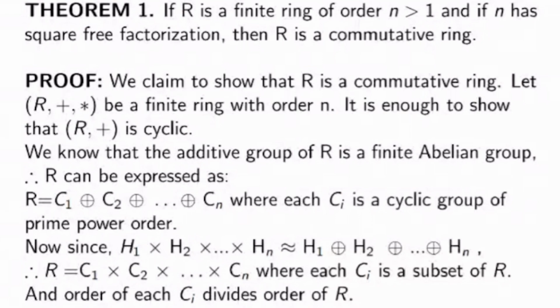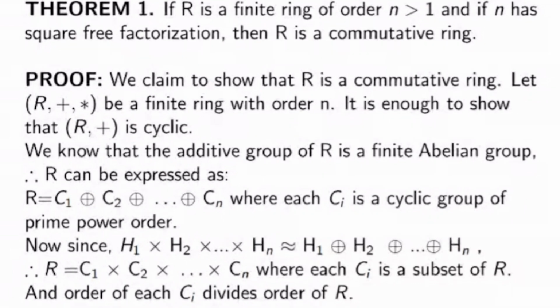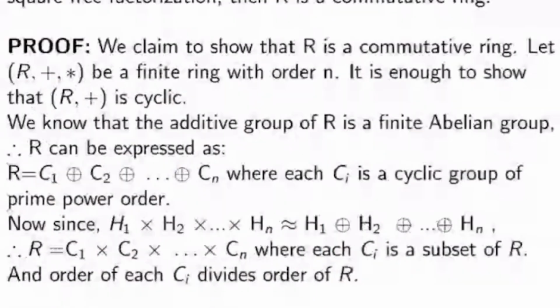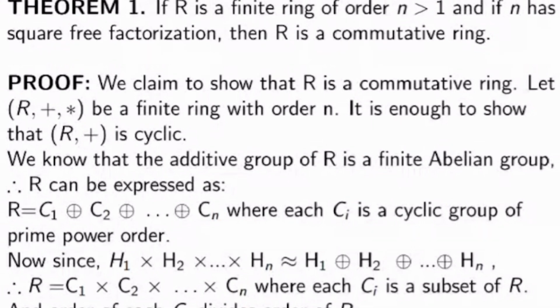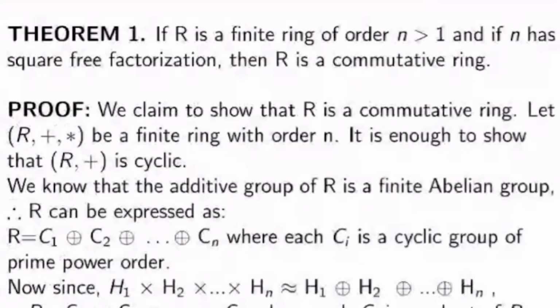So we are going to show that R plus is a cyclic group. Since R is a finite ring, R plus is a finite group, and moreover it is an abelian group. Can anyone tell me why R plus is an abelian group?